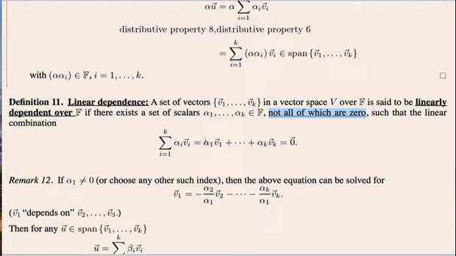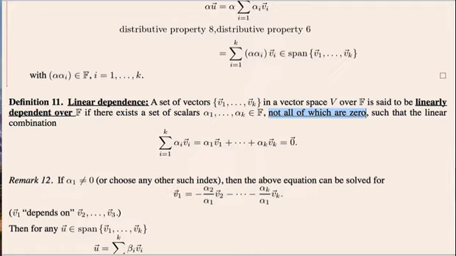Then if you consider this as an equation, alpha_1 v1 plus and so on up to alpha_k times vk, then we can solve this for v1. So you take all the vectors to the other side with negative sign, and then you divide through with alpha_1. So you get that the v1 vector can be written as minus alpha_2 over alpha_1 v2 minus and so on up to alpha_k over alpha_1 vk.